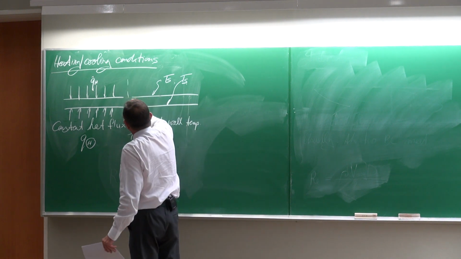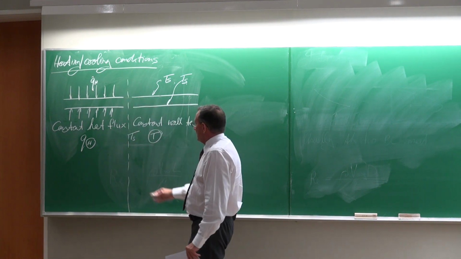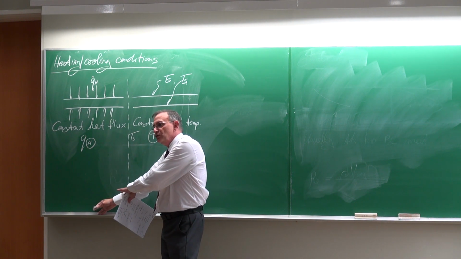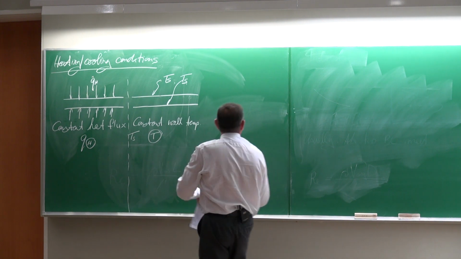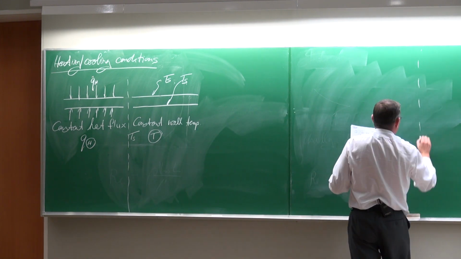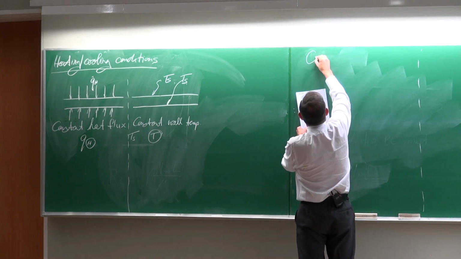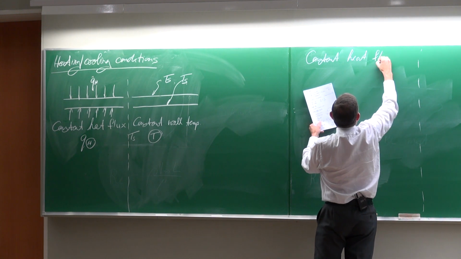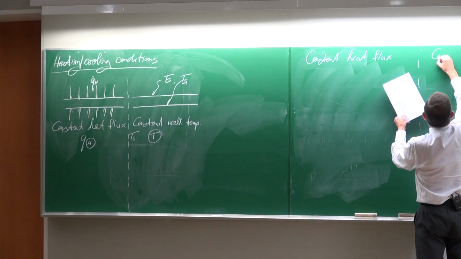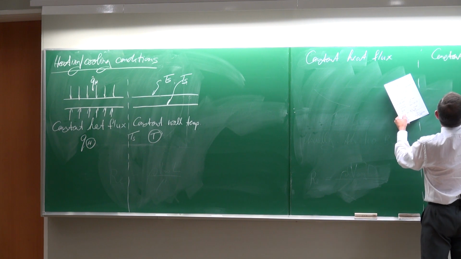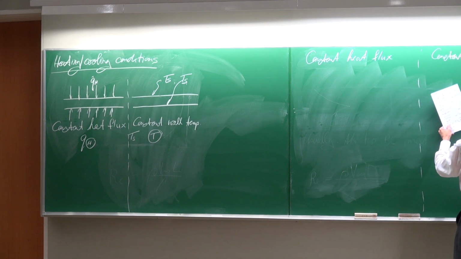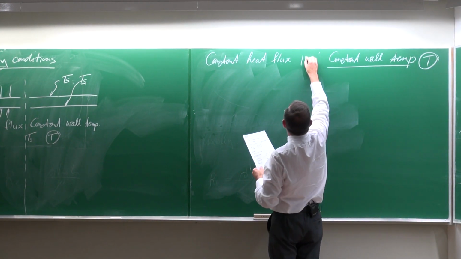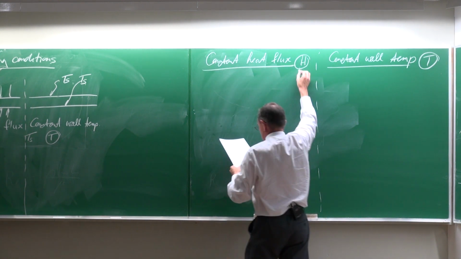Right, so if we divide this sort of in two, if you can use the left-hand page to do what I'm going to do now, and then there's also a right-hand part of the page, and you can do it like this. So this is still the constant heat flux case, and that is the constant wall temperature case.